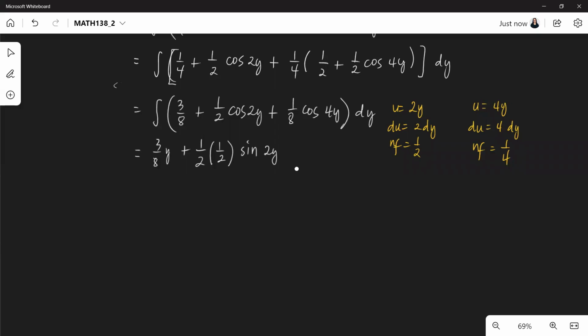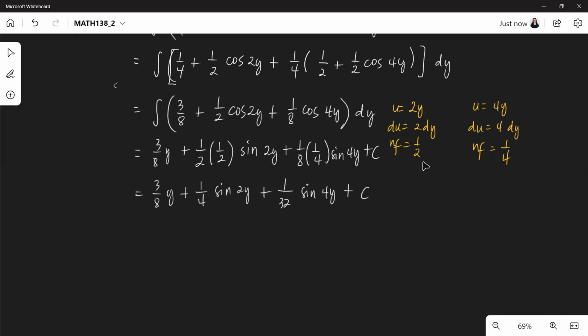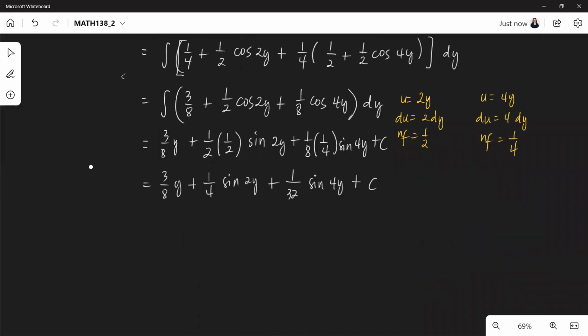And for the last term, we have plus 1/8 times the neutralizing factor 1/4. The integral of cosine of 4y is sine of 4y, and then plus c. So 3/8 y plus 1/4 sine 2y plus 1/32 sine of 4y plus c. This is the integral of cosine y raised to the power of 4 dy.